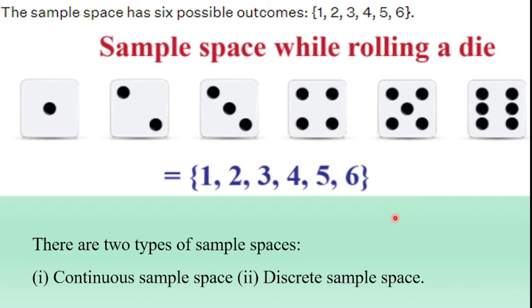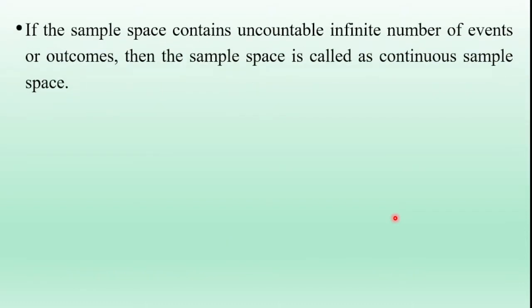There are two types of sample spaces: continuous sample space and discrete sample space. What is a continuous sample space, what is a discrete sample space, and what are their examples? First, we are going to discuss the continuous sample space definition with an example, and next the discrete sample space definition with an example.